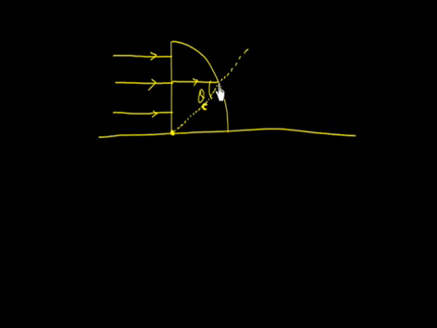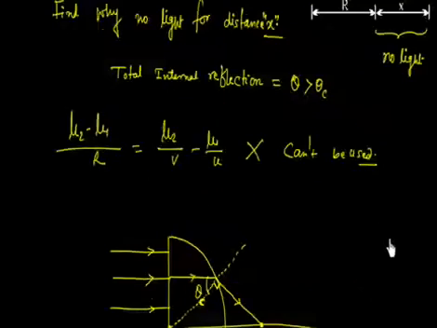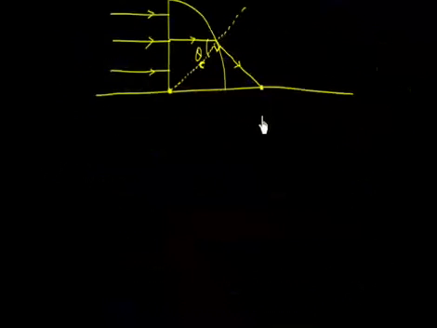The refracted ray will make 90 degrees and go along the surface and intersect here. Because this is the case of total internal reflection, this angle is 90 degrees. Let us write this point as point A. This distance is R.